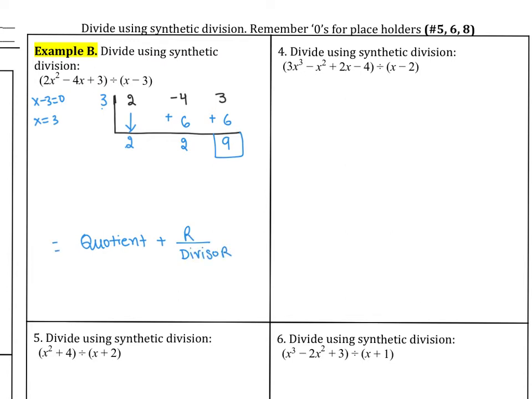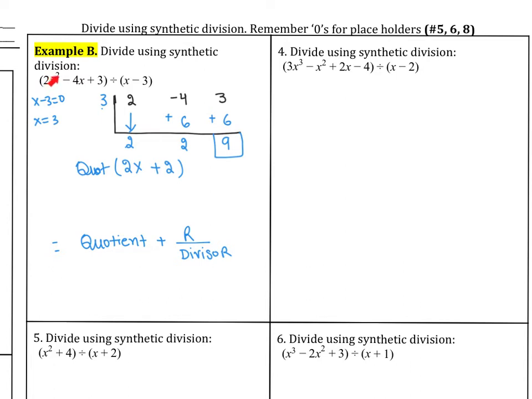So the quotient is going to be 2x plus 2. So that's the quotient. Remember, the quotient is this number with the x variable, and the x variable should be 1 less than the degree that is given in the main equation.